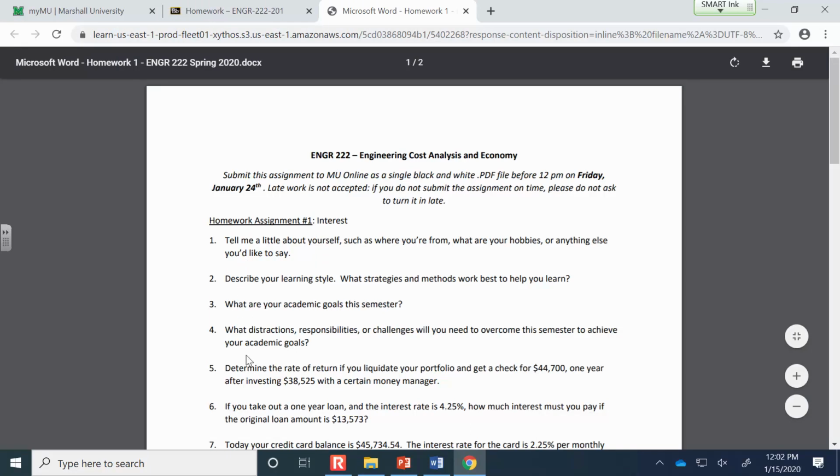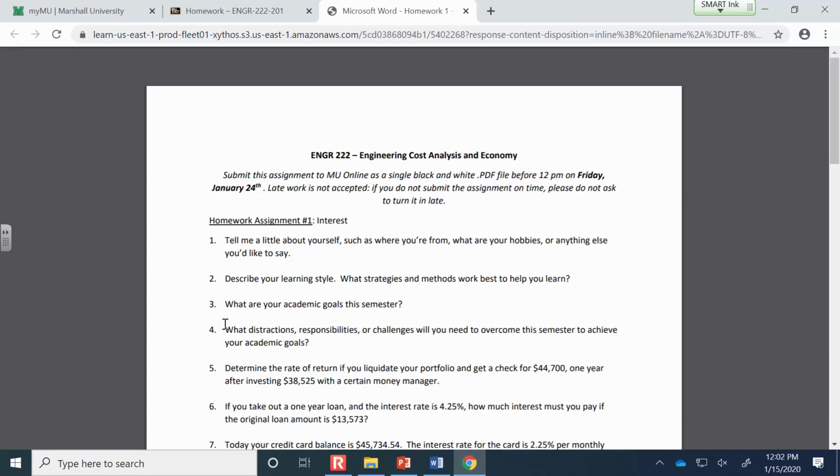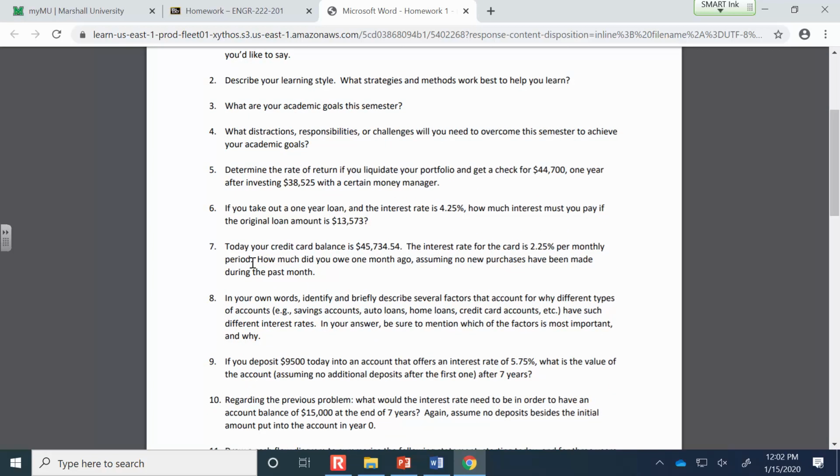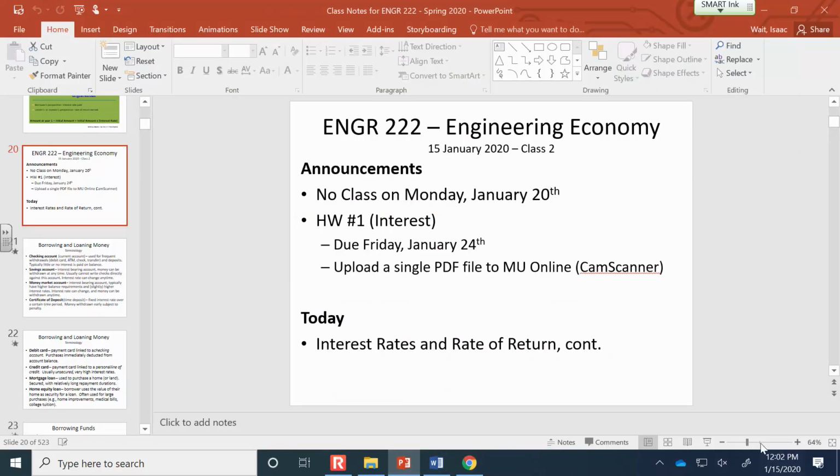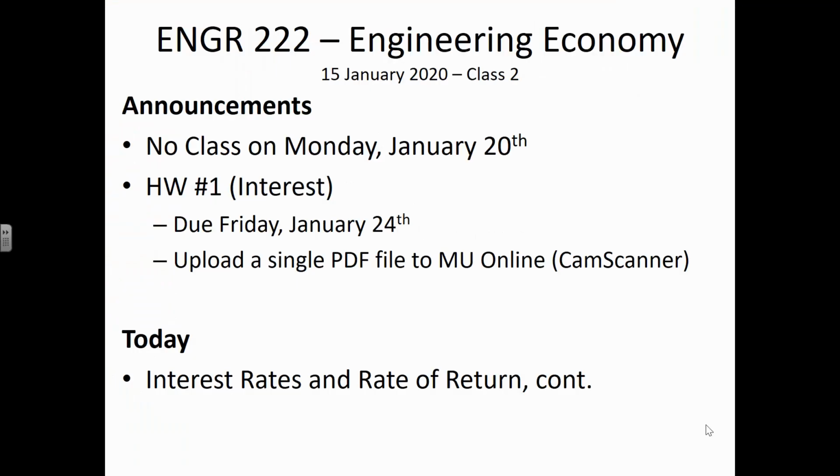The first few questions are kind of like getting-to-know-you type questions where I'm interested to know a little bit about your background and what are your strengths when it comes to studying, and what are some learning methods that you work well with, that sort of thing. And then the rest of it is problem solving related to the stuff that we began on Monday. So that assignment is available now and is due a week from this coming Friday. So it's due on Friday the 24th of January, homework assignment number 1.